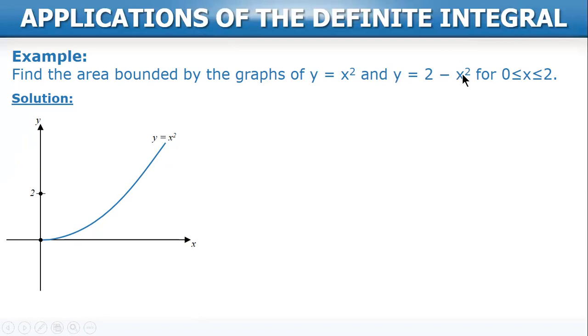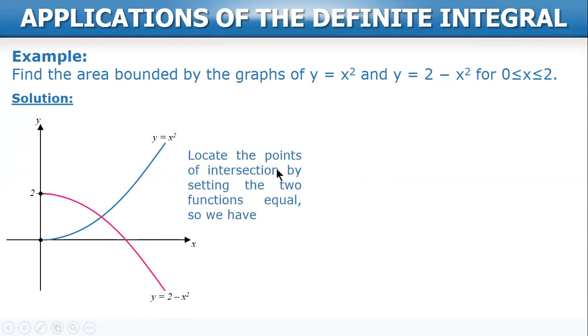When x equals 2, y is negative 2. Therefore, the parabola opens downward. So here's the graph, and the other half is there. This is the equation 2 minus x squared.